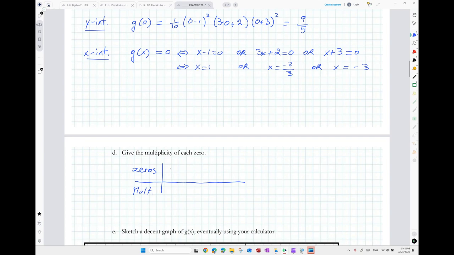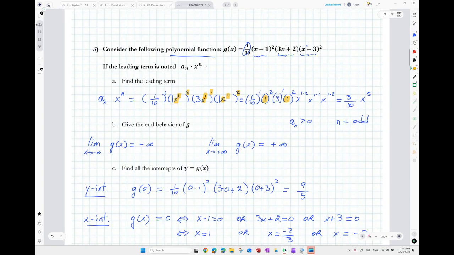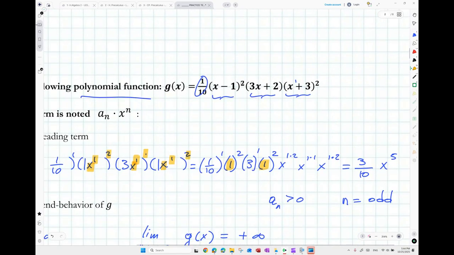So the zeros are 1, negative 2/3, and negative 3. And what we call the multiplicity is the exponent of the corresponding factor. So a multiplicity of 2 for 1 and negative 3, and a multiplicity of 1 for negative 2/3.